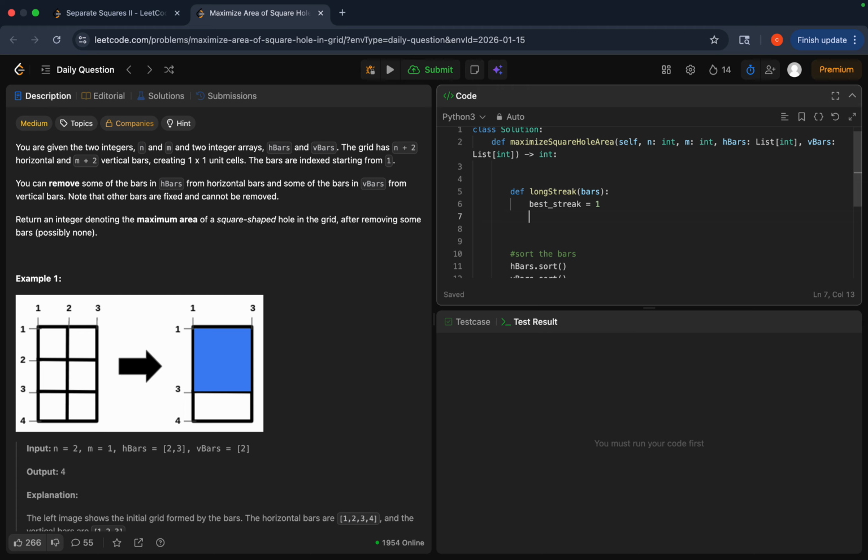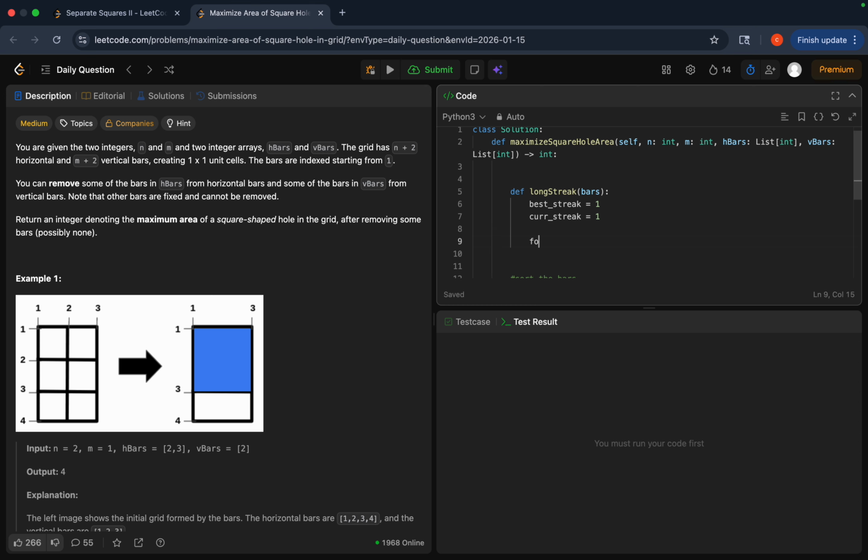So because of that, that will be 1. And current streak, so that should also be 1 for a similar reason. And since we said that the bars are indexed starting from 1, right? We have to iterate through the bars first.